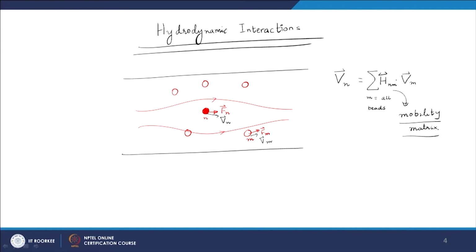Okay. So, in very dilute solutions, there is a small correction here. Actually, the relation is not with the velocity, but with the forces that are applying on each of the beads, and eventually the forces are what give rise to the velocities.